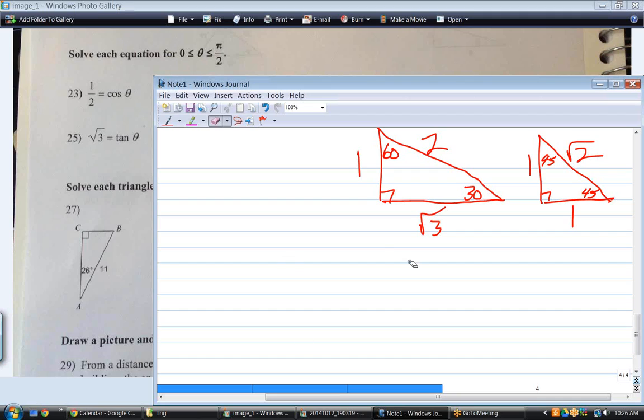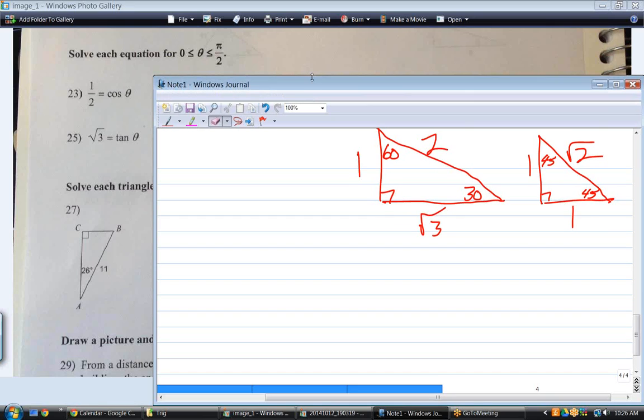So theta is what in terms of radians? That's 60, so pi over 3. Remember those two numbers have to multiply to 180.